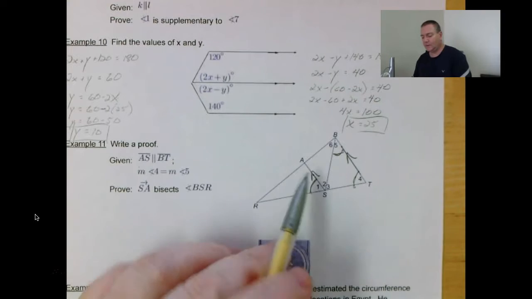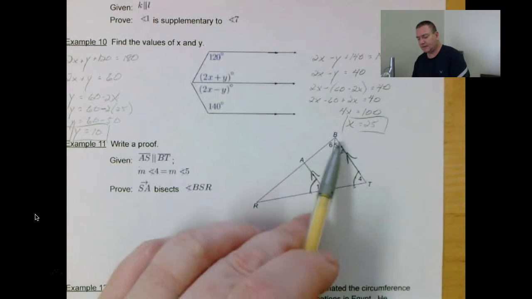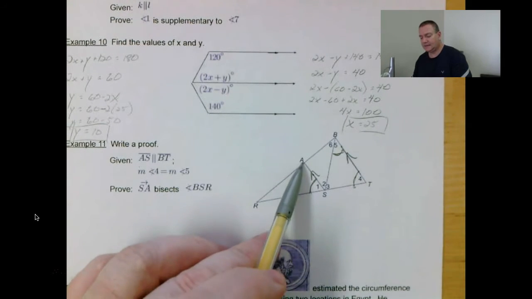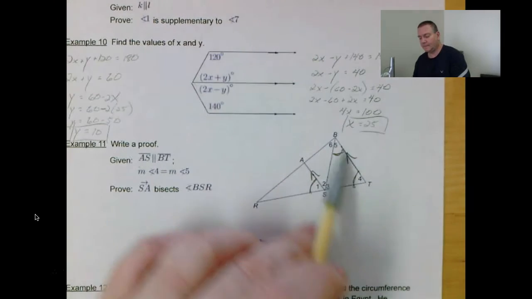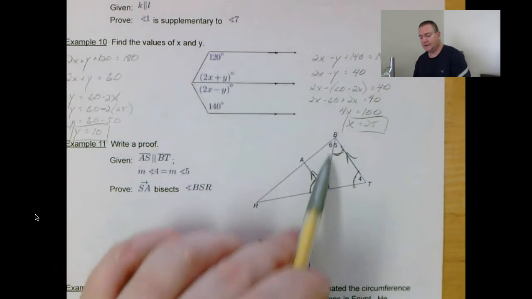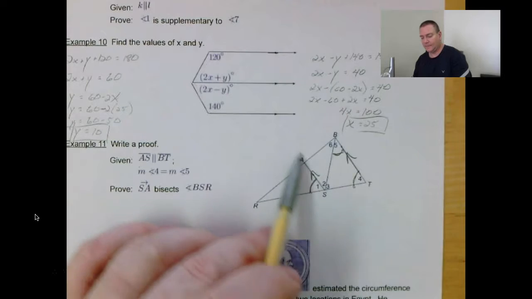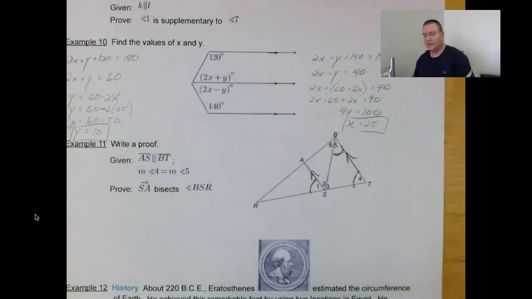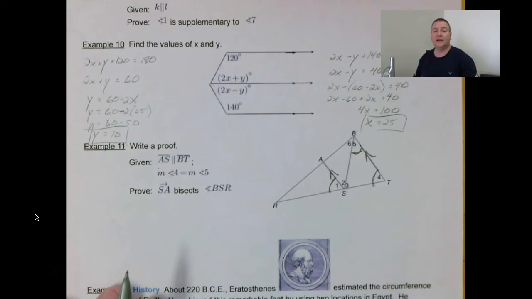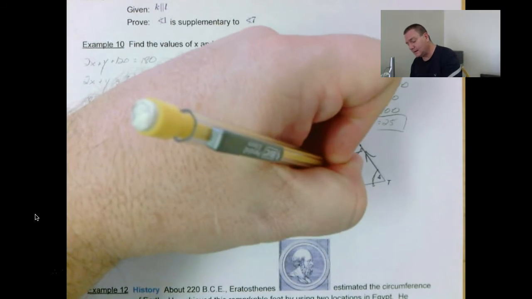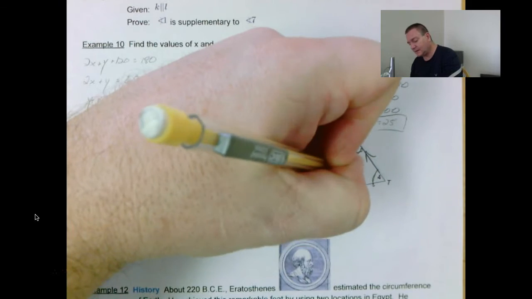So we go back to our diagram here. What else can we see? Well, we still have this line parallel to this line, and I see a Z-like shape here. Here's my Z-like shape. My Z-like shape means that I have alternate interior angles. If I have alternate interior angles, then I have congruent angles if the lines are parallel, which they are.